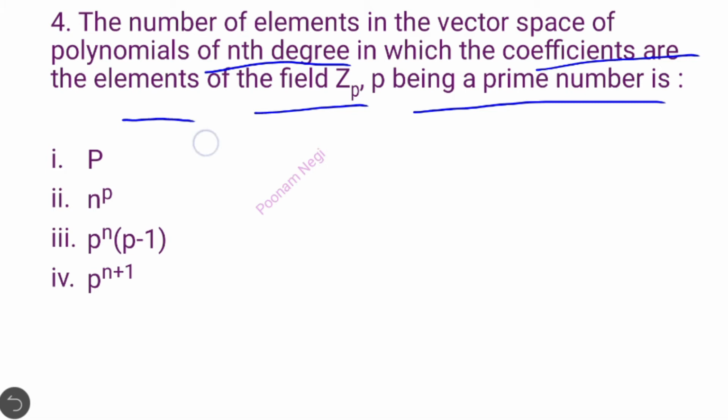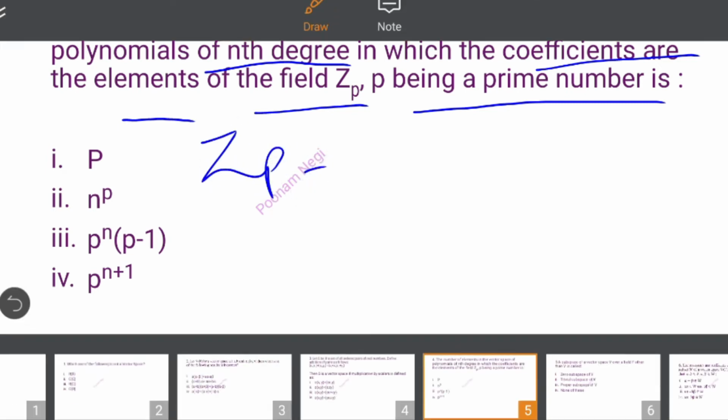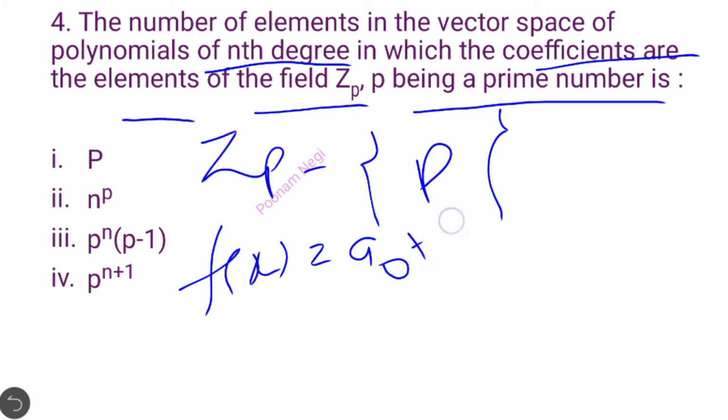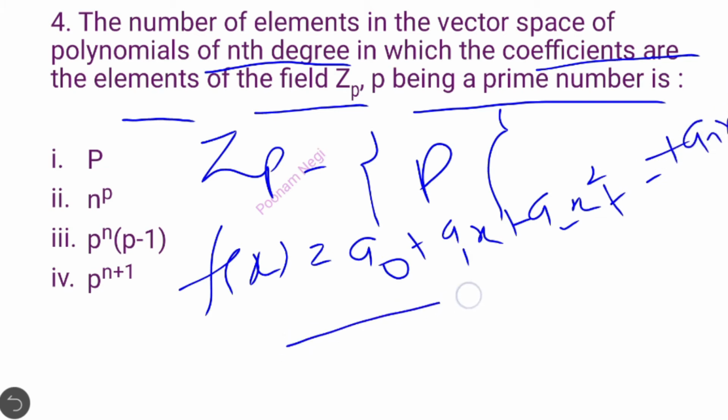If we have a field Zp, then this field will have p number of distinct elements. And the polynomial of degree at most n over the field Zp will be written as f(x) equals a0 plus a1x plus a2x square up to plus an x to the power n. That means we have n plus 1 terms in this polynomial.